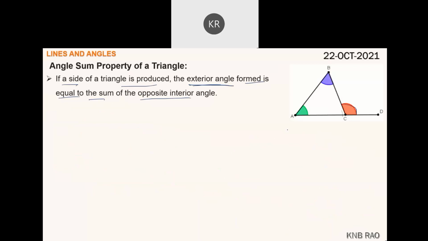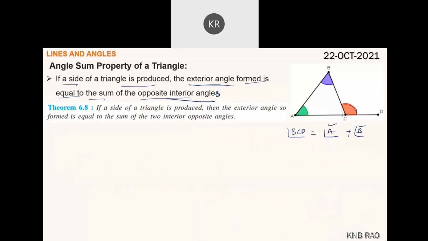It is to be proved that angle BCD is equal to angle A plus angle B, where angle A and angle B are interior angles. The sum of the opposite interior angles, actually it's plural. This is theorem 6.8. If a side of a triangle is produced, then the exterior angle so formed is equal to the sum of the two interior opposite angles.